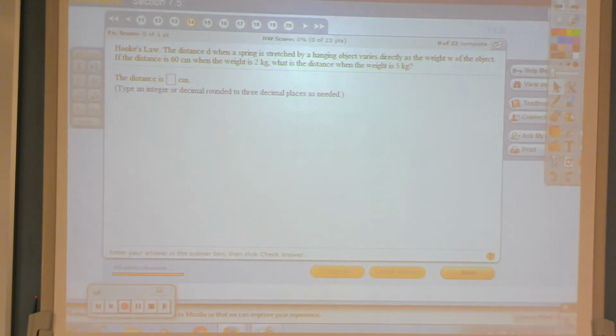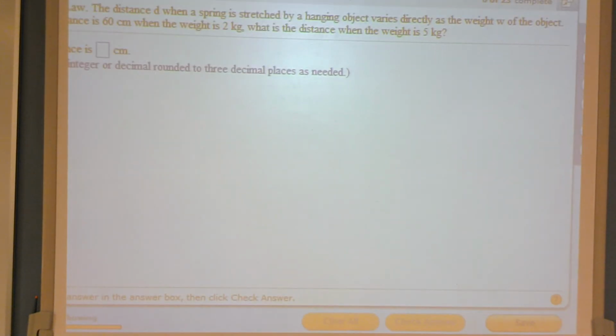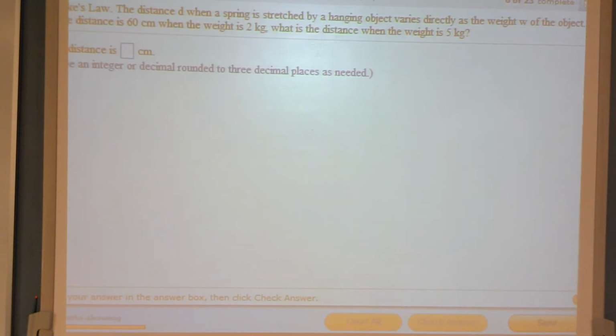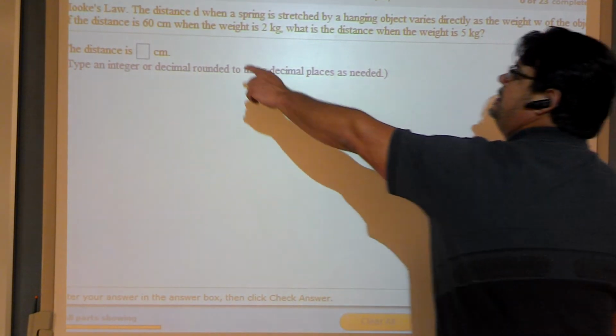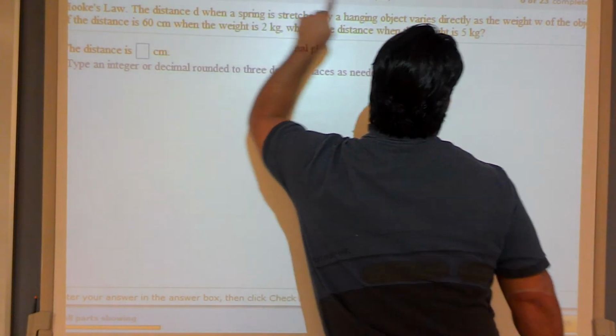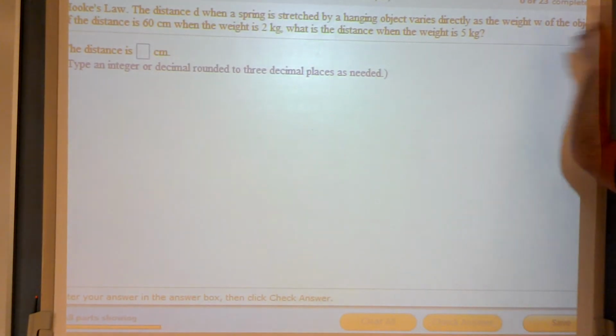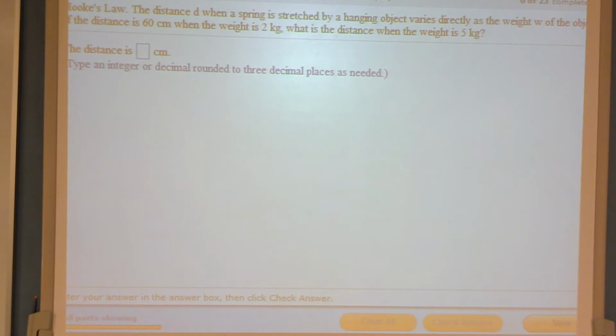Y is equal to K what? K times X. But they don't want K times X. They want what? They got something else up there. What do they have? D, and which variable does not change? You do it respectively. Respectively means the equation is going to be respective to the order it is in the problem.